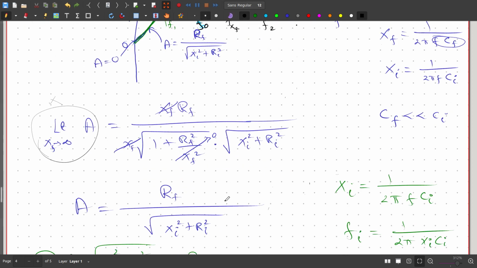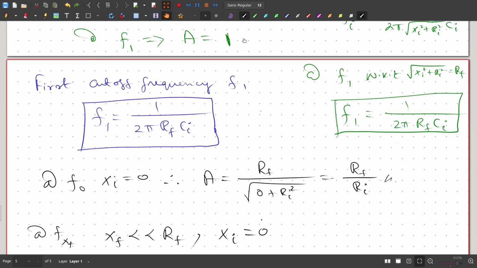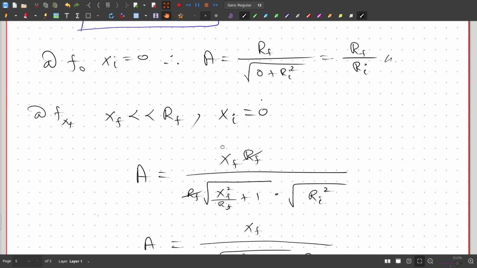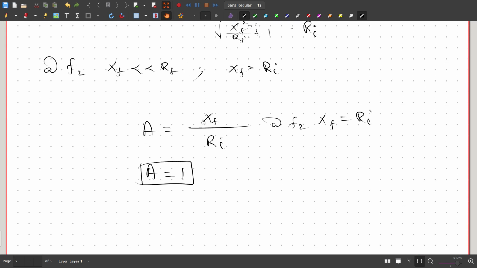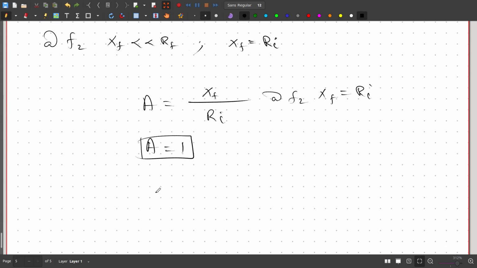So what's the frequency? Therefore F2 is given by 1 by 2 pi Ri CF.